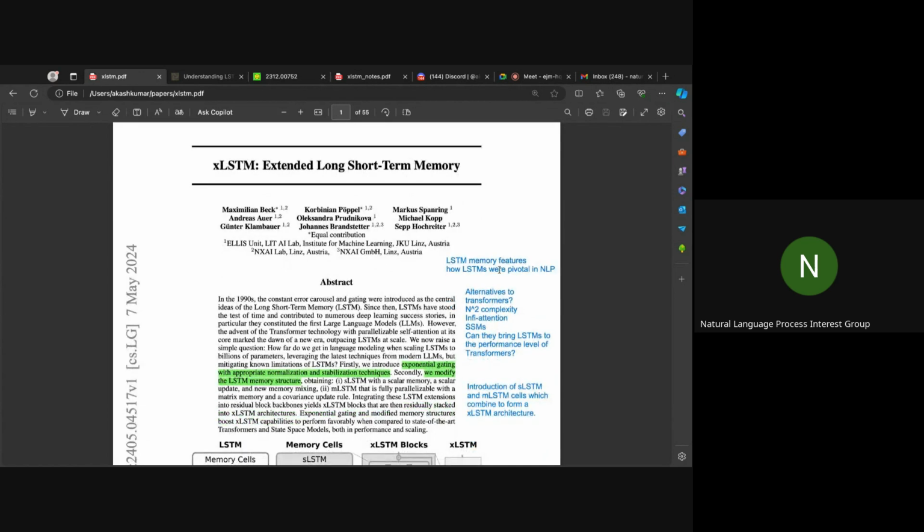There has been a lot of search on alternatives to transformers, because transformers have n square complexity. N refers to the sequence size here, because we have to calculate the attention values, and the attention matrix is calculated between each token in the sequence. So that results in the n square complexity.